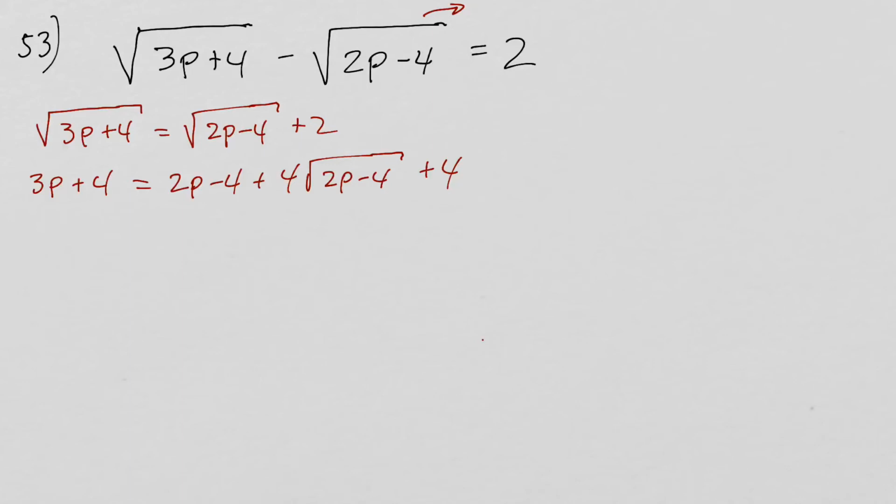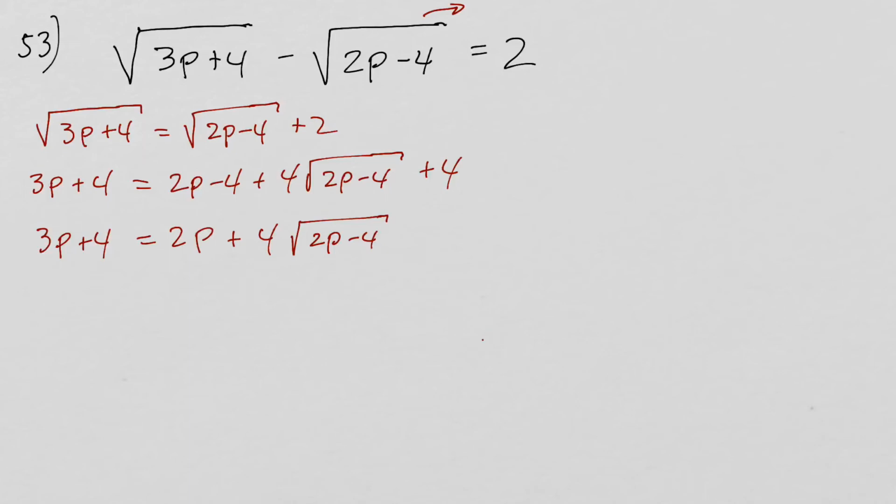So let me clean this up a little bit on the right by combining like terms. I get 2p, the negative 4's go away, so I have just this. Okay? On the left, I have this. So now I took a problem where we had two radicals, and I boiled it down to something with just one radical.